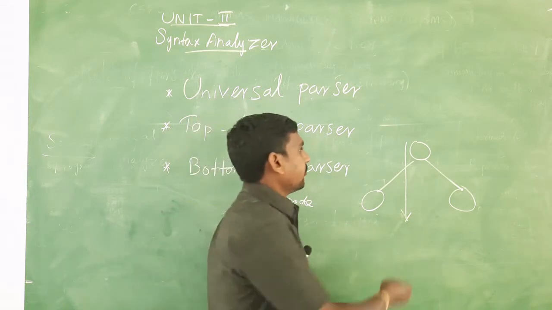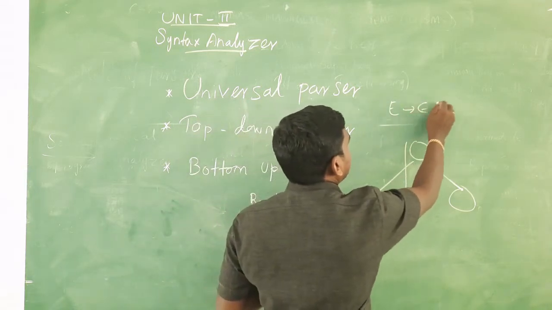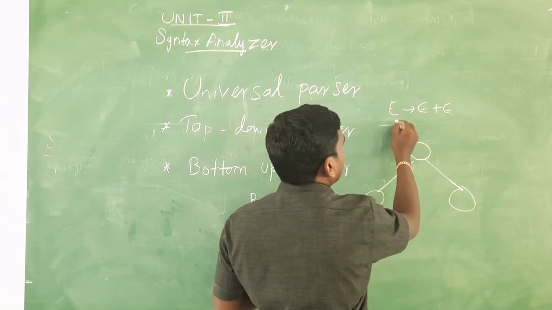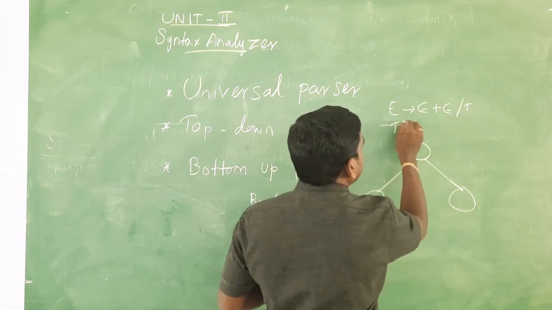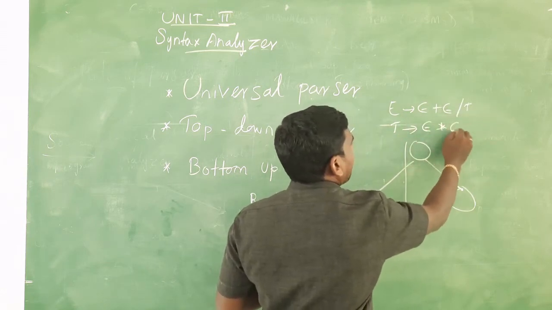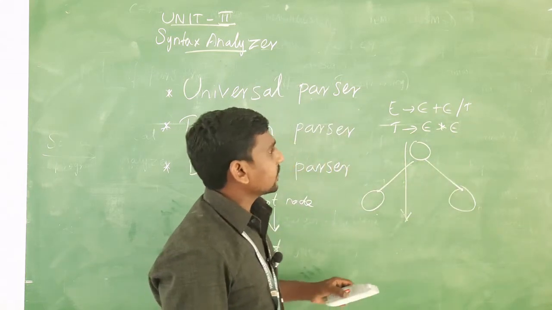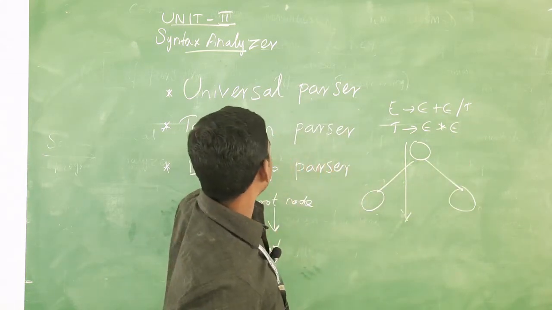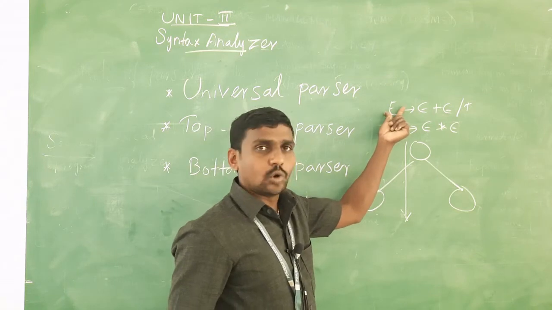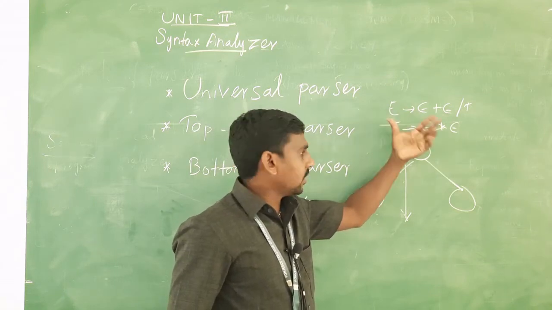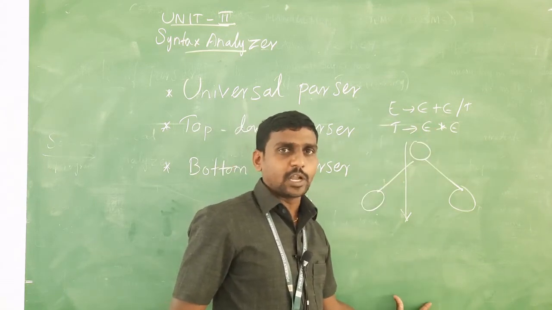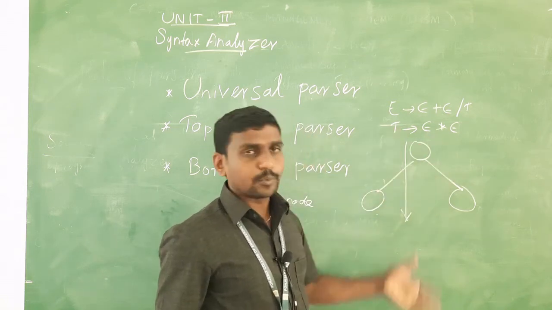Or we can say, if we have a grammar E tends to E plus E, and T tends to E star E, then with a top down parser we parse from the root node, that is from the start symbol, to the given output. So we parse from top to bottom.